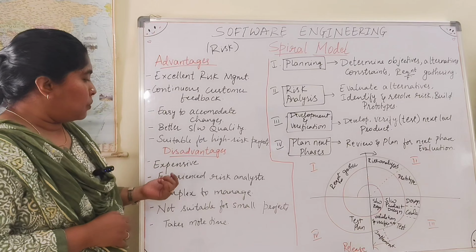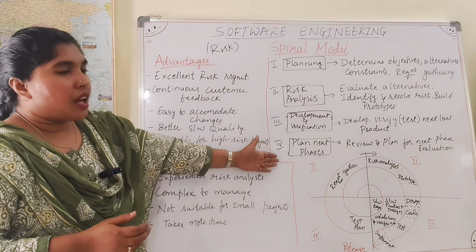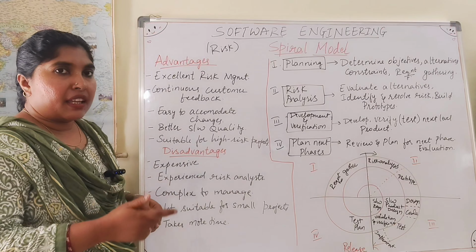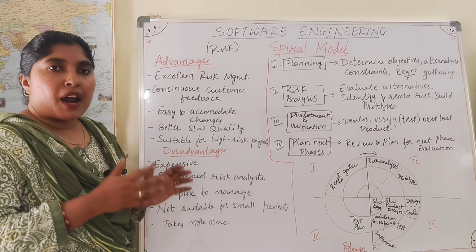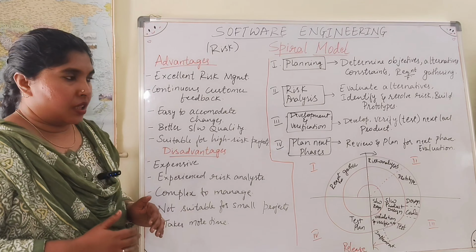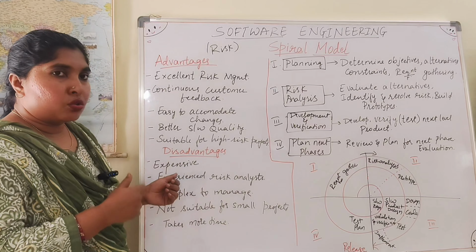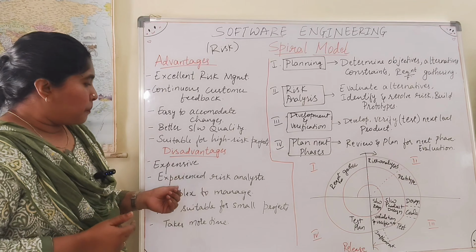While moving to disadvantages, it is expensive, as you can see, so many phases are involved, and every cycle will give a part of the product, not the whole software. The project has to go through several spirals.